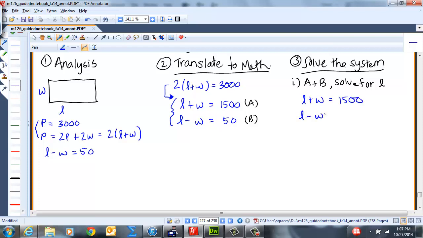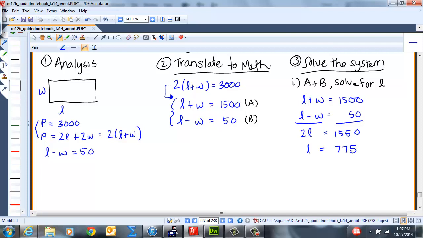L minus W is 50. And adding, we will get 2L is equal to 1,550. And then dividing both sides by 2, let's see, 2 goes into 15 7 times, so 775.